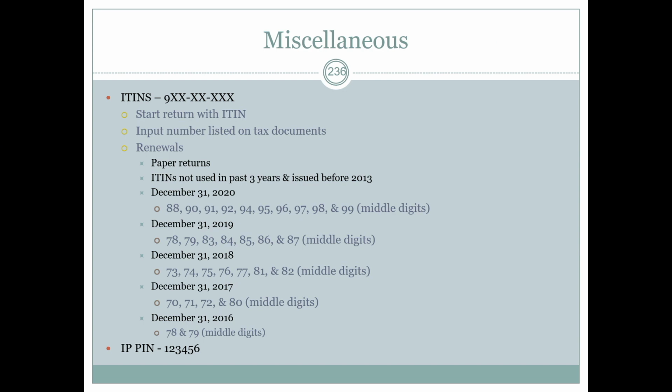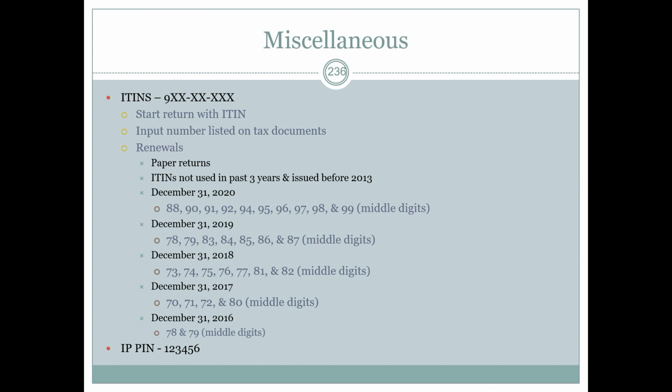So for example, we're going to look at December 31st, 2020, and we're going to see that any individual that has an ITIN with the middle digits of 88, 90, 91, 92, 94, 95, 96, 97, 98, and 99, these individuals, if they did not renew prior to the start of tax season, are required to renew when they file that tax return.